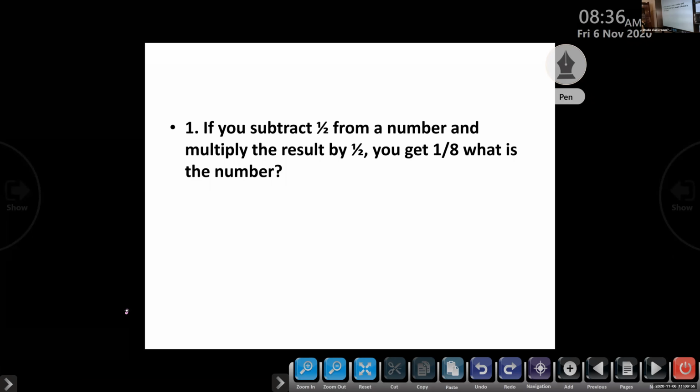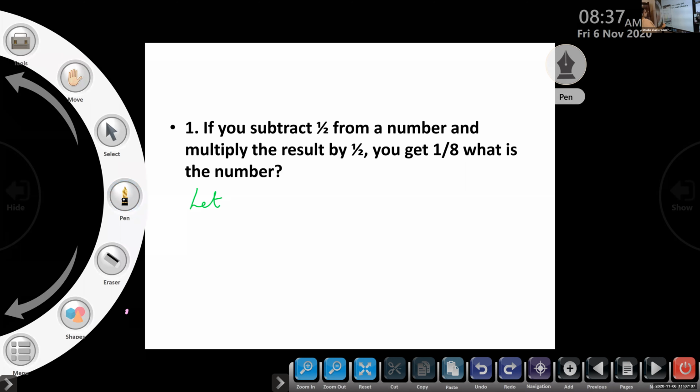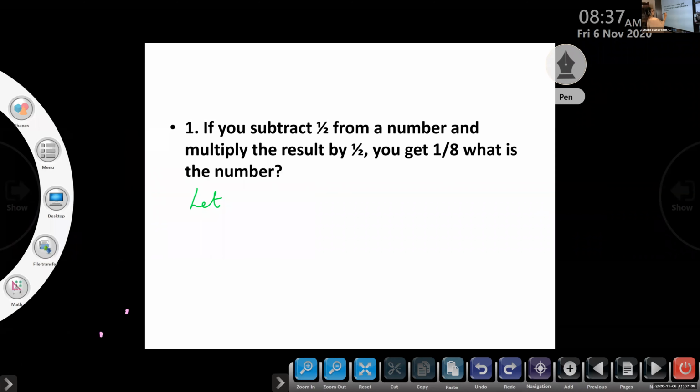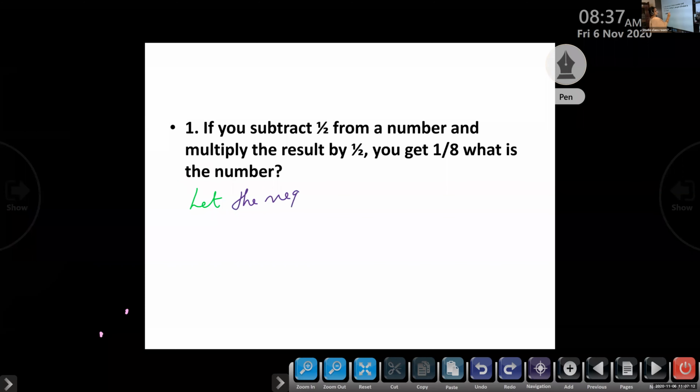We need to find the number, so let the required number be x.